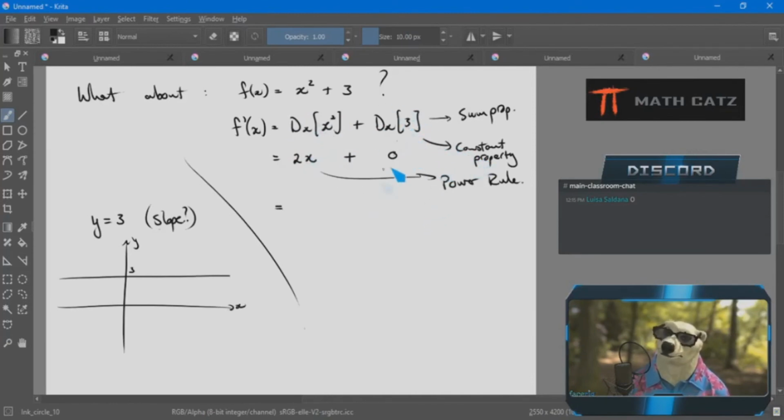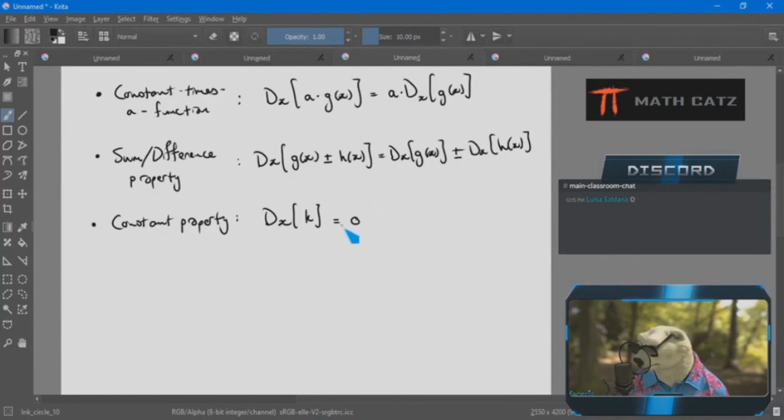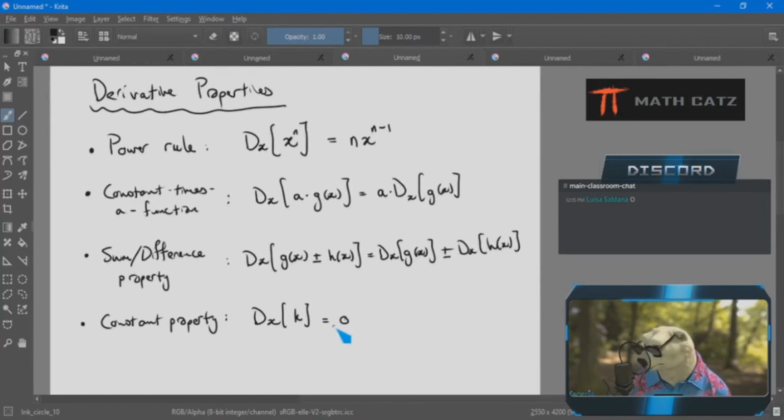I now have a constant property that handles that, and I can simplify it and be done. So all of these come together, and it's very important that I know what I'm using and when I'm using it, when I'm not ready to use it, what I need to do first, the sequence of properties being applied. That will help me to avoid mistakes.